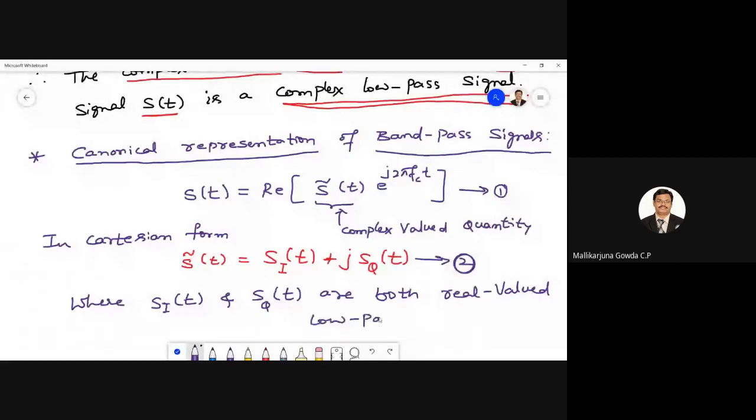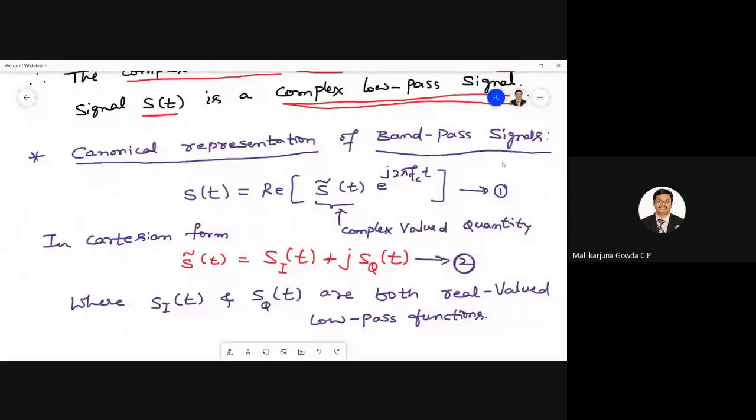Real valued low pass functions. Okay, so let me prove this. How do I say s_I of t and s_Q of t are both real valued low pass functions? To understand that, we need to do some mathematical derivation.